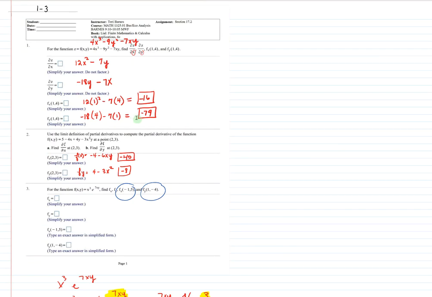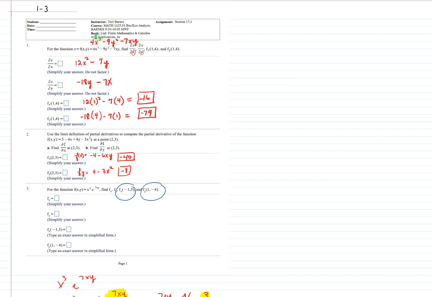If we come here, number 1 says z equals f of x,y equals, here's our function, and I rewrote it up there in red. Find f_x and f_y, that's just a different way to read that, for 1, 4. So first we have to find the derivative with respect to x, where y is a constant.